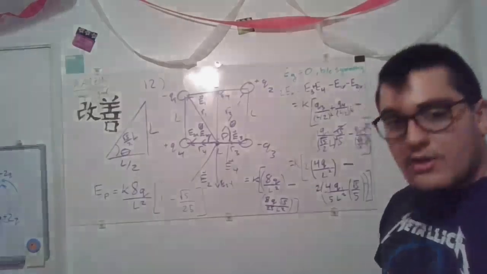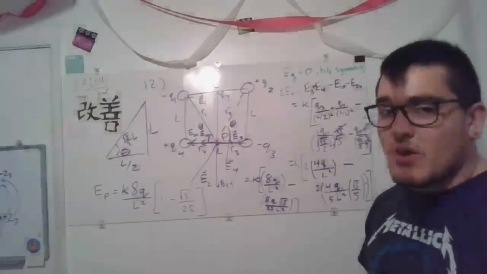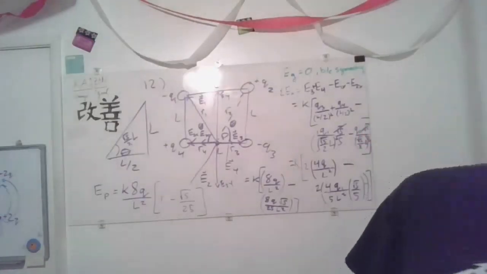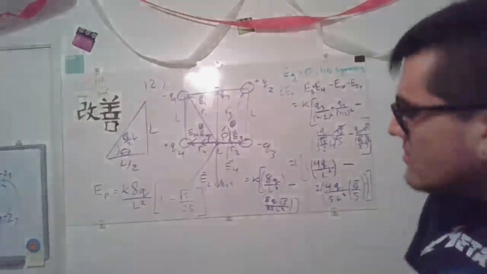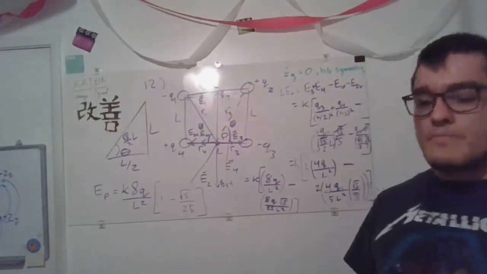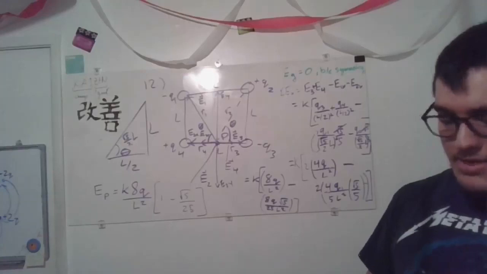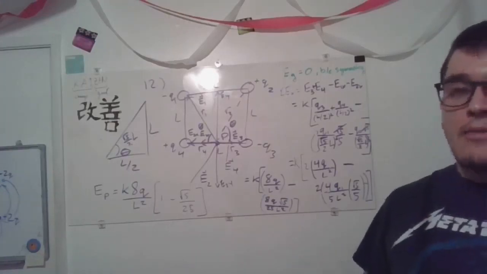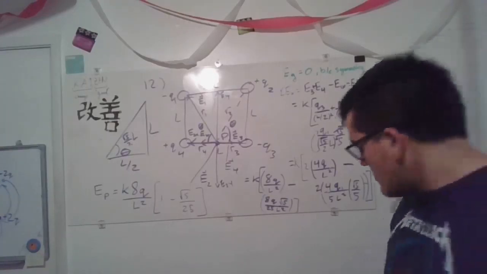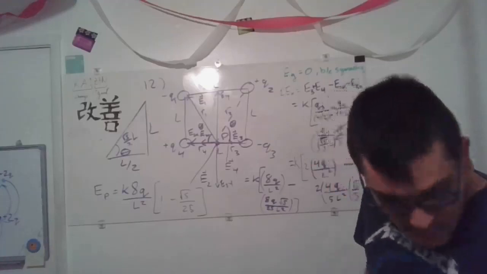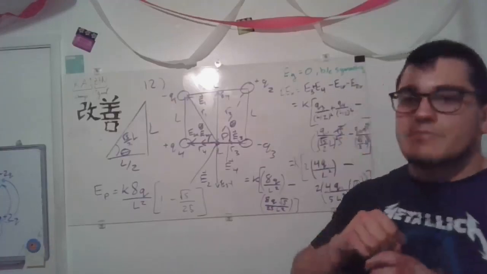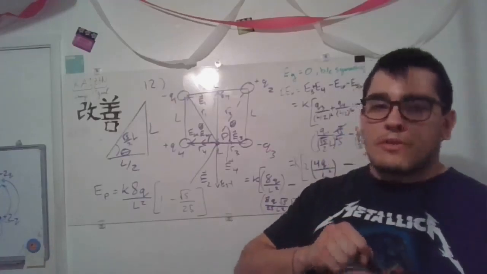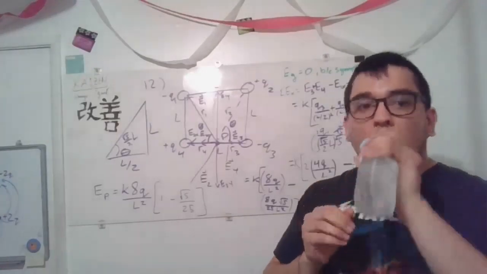And then they want to know what's the electric potential at the same point. How am I going to find the electric potential? Everybody have a guess? If I have the electric field, how do I find electric potential? Partial derivative, that's a thought.